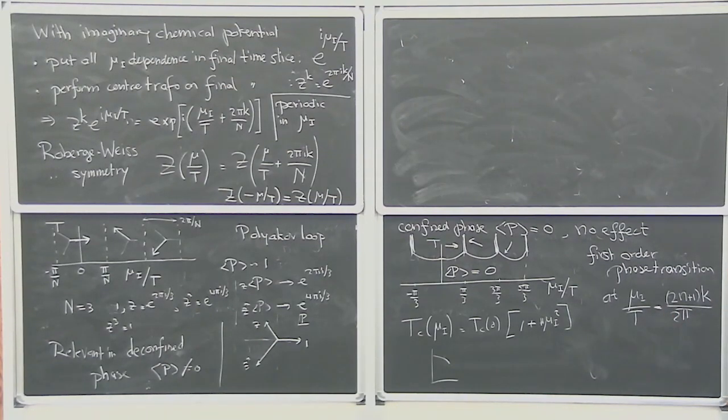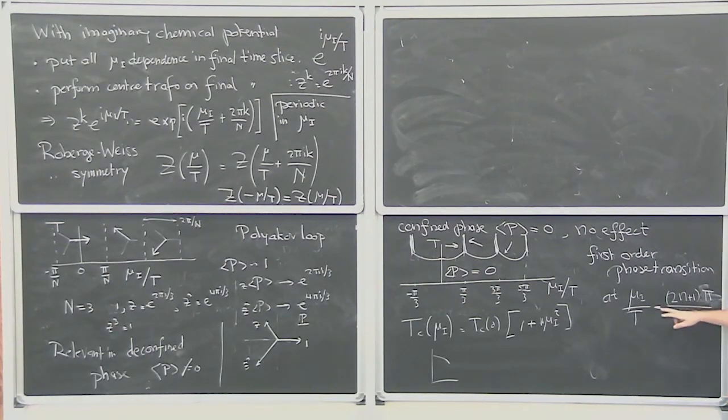I know, that's what happens when you improvise. Is this right? So n equals 0 is pi over 3, n equals 1 is pi, and n equals 2 is 5 pi over 3. Yeah.